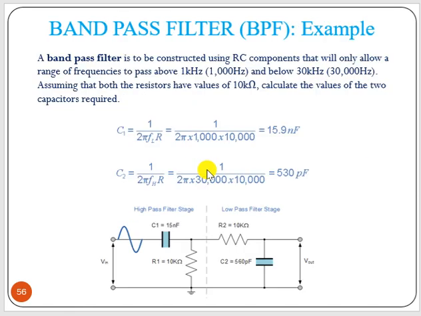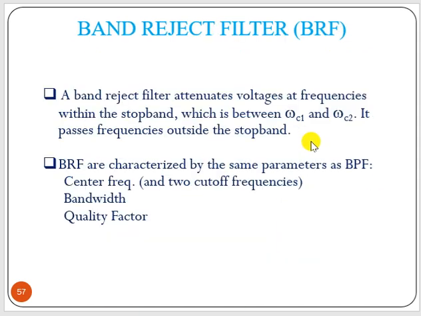So for that, FL is equal to 1 by 2 pi R1 into RC1. FL is known, that is 1 kilohertz, so C1 we can find out. Similarly, FH is nothing but 1 by 2 pi RC2, R is the same value. So you can find out C2 because FH is given as 30 kilohertz. So we got the values of R1 C1, R2 C2. So that is the bandpass filter example.